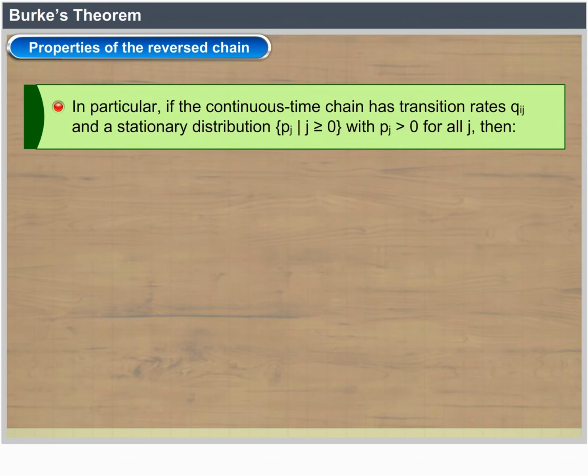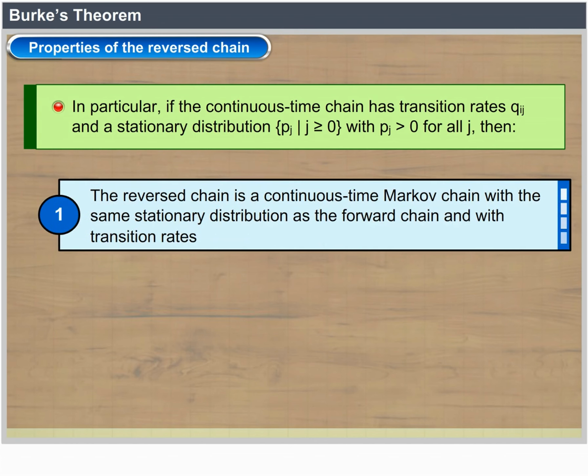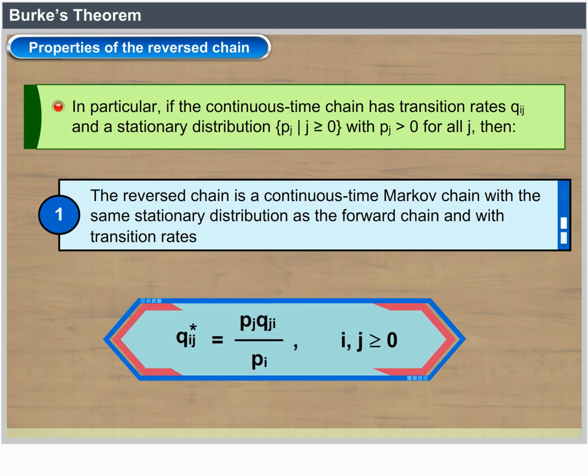In particular, if the continuous time chain has transition rates q_ij and a stationary distribution P_j, j greater than or equal to 0, with P_j greater than 0 for all j, then the reversed chain is a continuous time Markov chain with the same stationary distribution as the forward chain and with transition rates q_ij star is equal to P_j q_ji divided by P_i, i, j greater than or equal to 0.